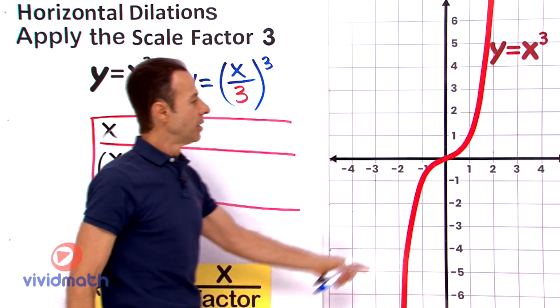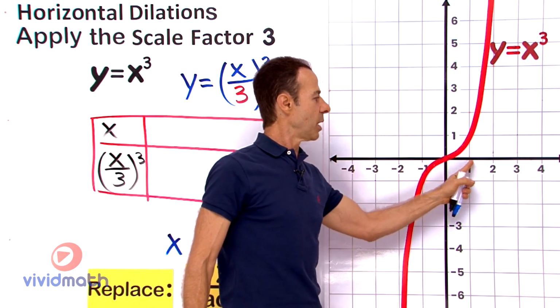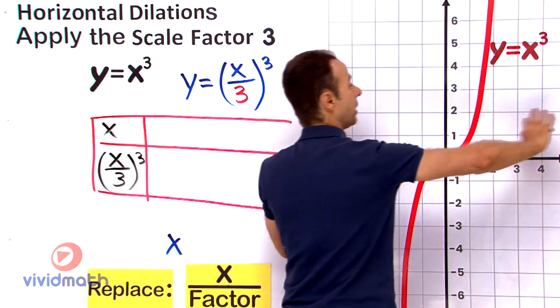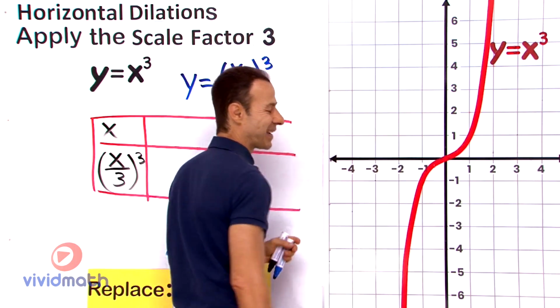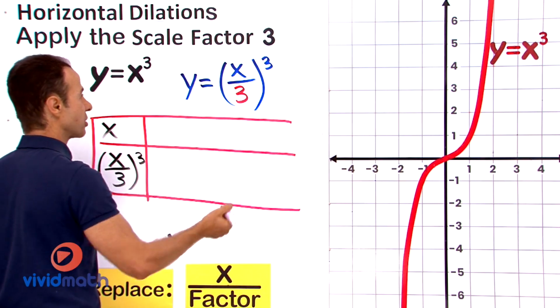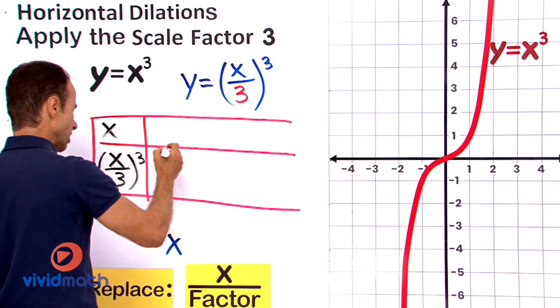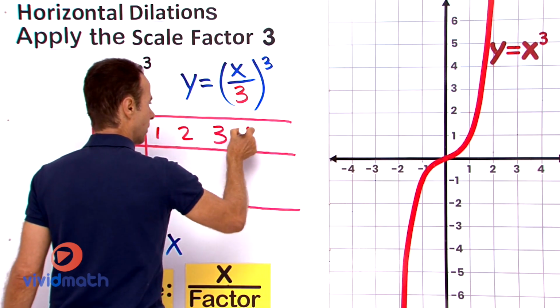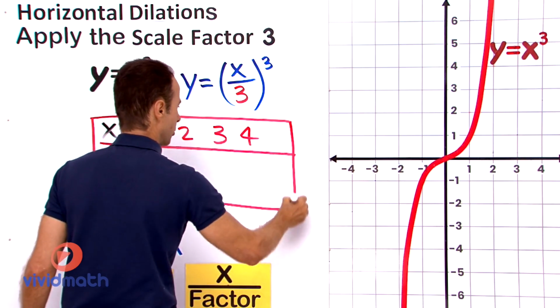I'm just going to go from 1, 2, 3, 4, possibly 5, and whatever happens up here will happen as the exact reflection down here symmetrically. So 0 is still going to be 0. I'm not going to put 0. So let's put 1, 2, 3, 4. I think that will do.